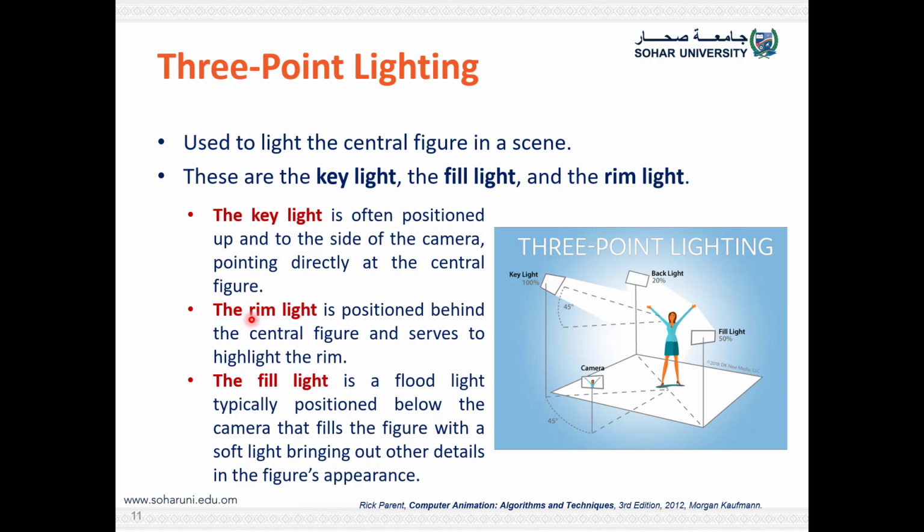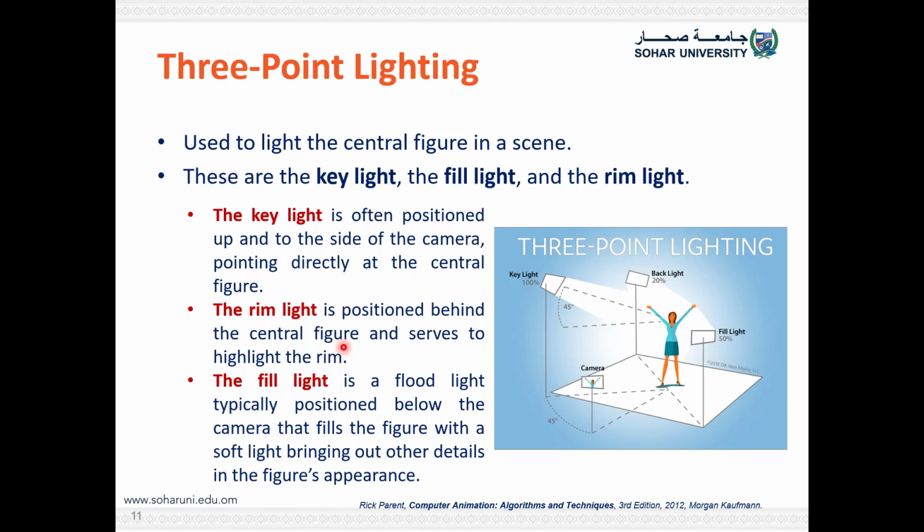The second light is called rim light, or as we call it here, backlight. From the name we can understand it's positioned behind the figure, and this one is always used to outline the figure or make the figure stand out from the background. We always have a background for the figure, so we can outline the figure, separate it from the background.